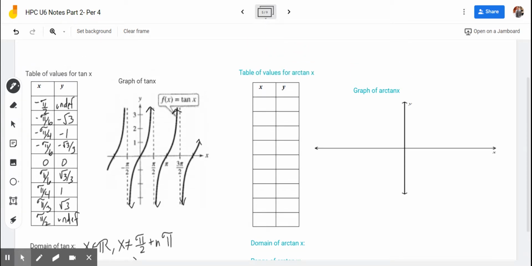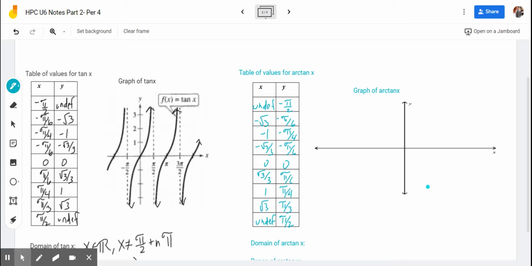So for arctan, it's going to be undefined, and we'll have negative pi over 2, negative radical 3, negative pi over 3, negative 1, negative pi over 4, negative radical 3 over 3, negative pi over 6, 0, 0 stays the same, radical 3 over 3, pi over 6, 1, pi over 4, radical 3, pi over 3, and then undefined at pi over 2.